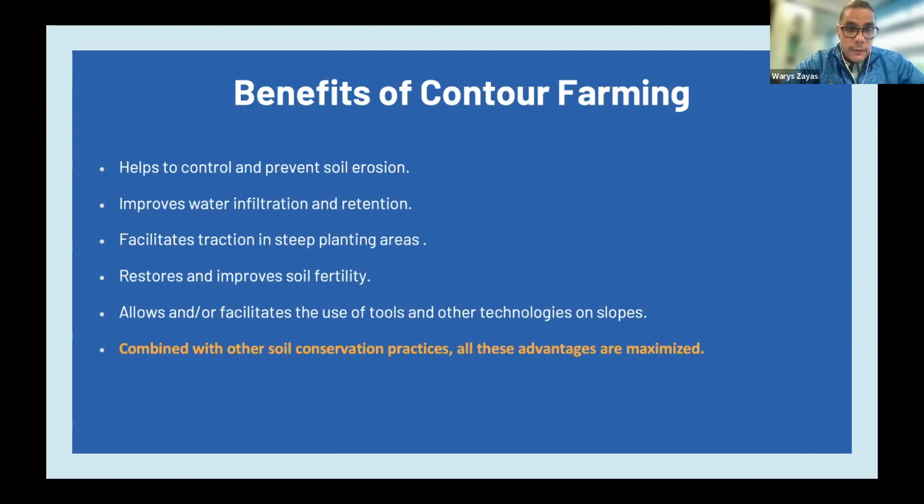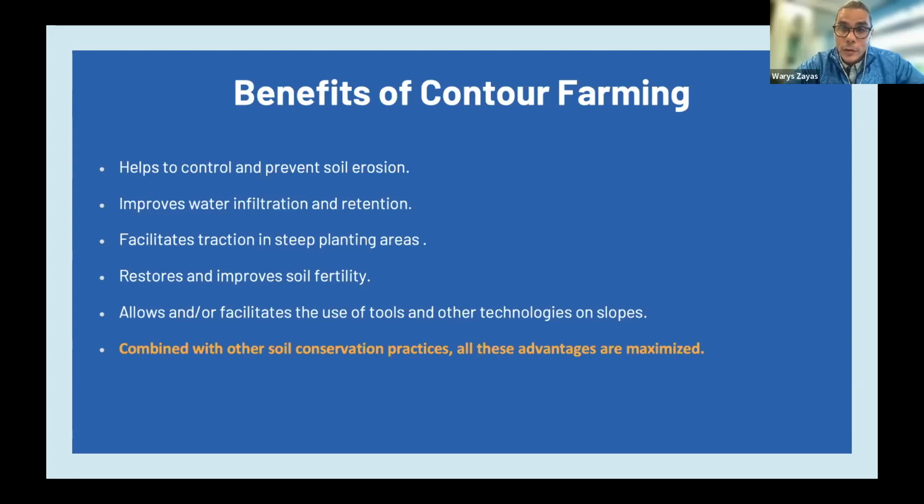Another benefit of this is that contour farming facilitates traction in the steep planting areas, for those of you living in places like where I live in Puerto Rico, where most of our surface area is steep mountains.